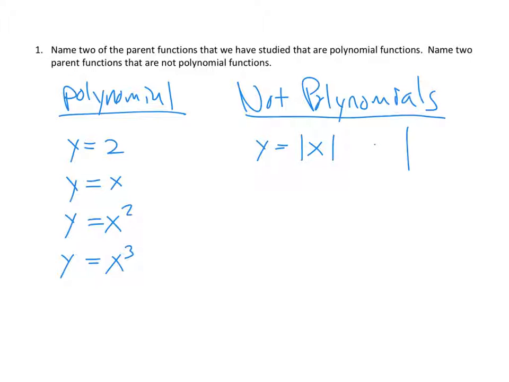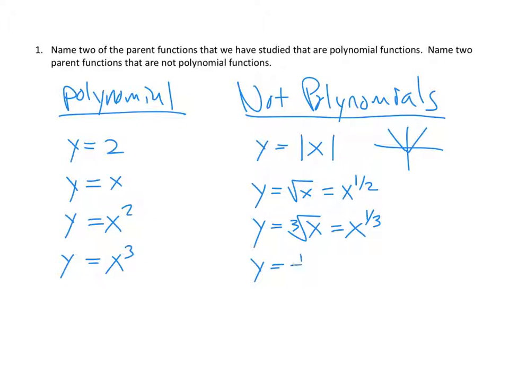The graph of the absolute value of x has a sharp corner, so that would not be a polynomial function. Y equals the square root of x is actually x to the 1/2 power, and since that exponent is a fraction, that is not a polynomial function. For the same reason, y equals the cube root of x is not a polynomial, because that's x to the 1/3.